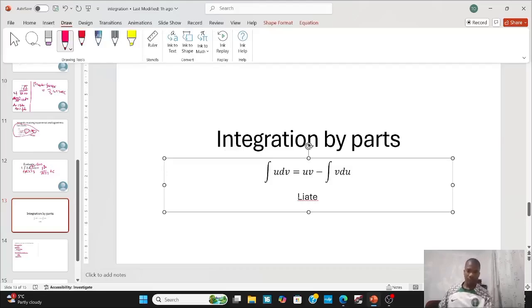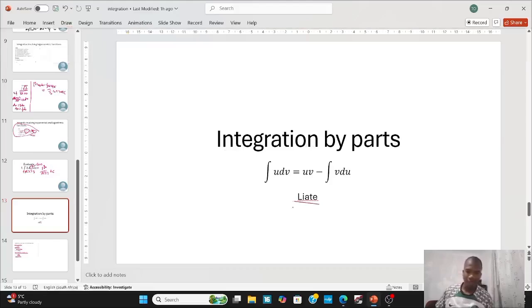integration by parts, we have to understand what this LIATE means, right?